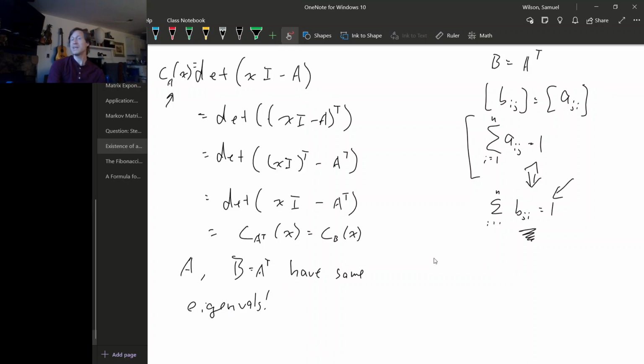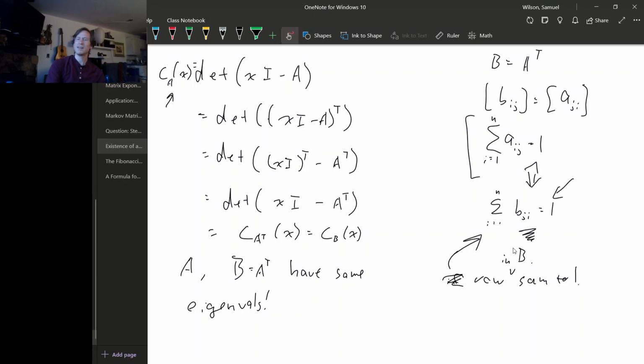Okay, so if we can show that 1 is an eigenvalue for B, then we know it's an eigenvalue for A. Okay, but what do we know about B? Well, we know this about B. This is saying that rows sum to 1, rows in B.